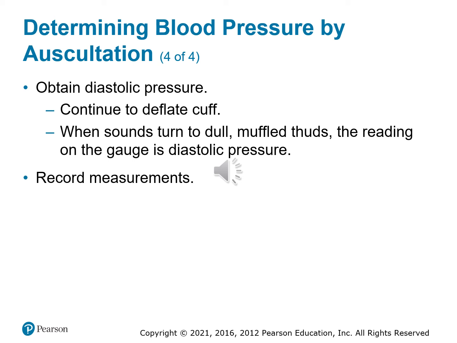When the thump becomes real muffled, and more or less disappears, that's your diastolic number. That's going to be the bottom number. You want to make note of both the top and the bottom and record those. So if your top number is, say, 124, and then you're listening and it stops at 80, your blood pressure is going to be 124 over 80.